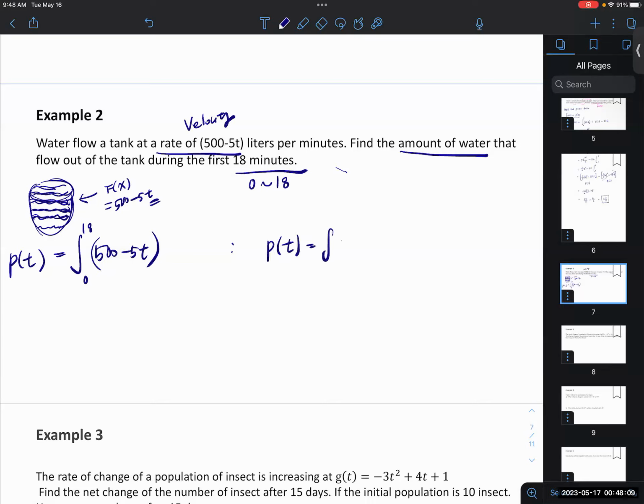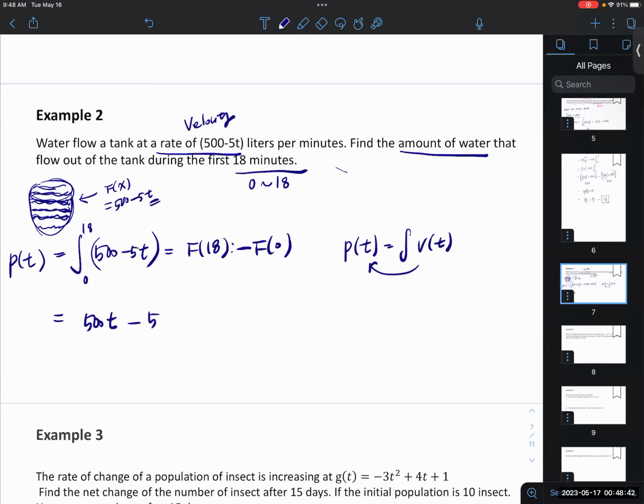By taking the integral of the velocity, you will get back the position function. So I can set up this equation to find out the answer. Am I correct? So at the end, we're going to do capital F of 18 minus F of 0, because we are looking for only between 0 to 18. So this is the net between 0 and 18. So the next step is simply we are going to take the integral. So 500 will be 500t.